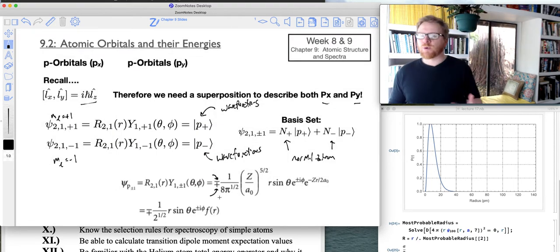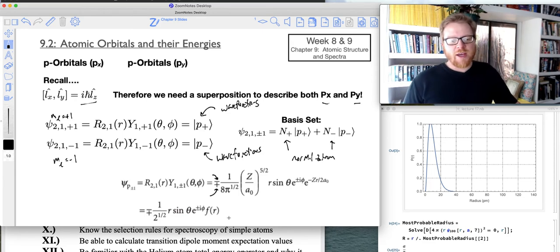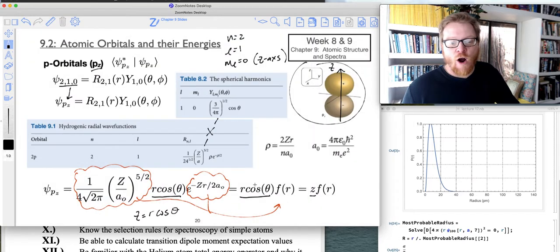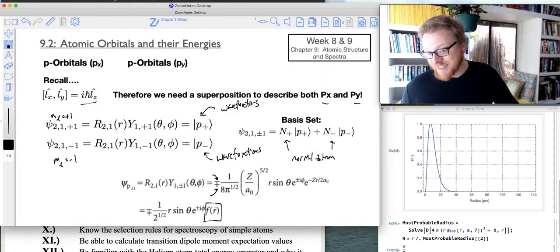With some algebraic manipulation, you can rearrange this equation to be minus or plus 1 over root 2, r sine theta, e to the plus or minus i phi, f of r. And that f of r is the same f of r from right here. I'm not going to go through the algebra to prove that, but if you rearrange these equations, you can get it so that f of r is the same as this f of r.